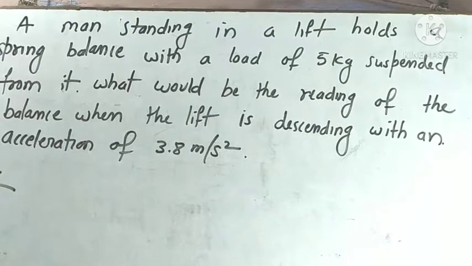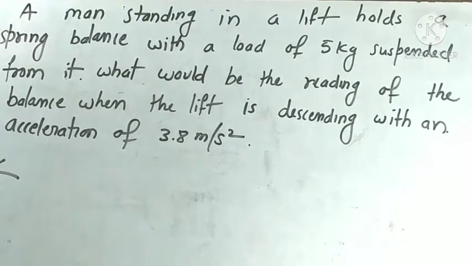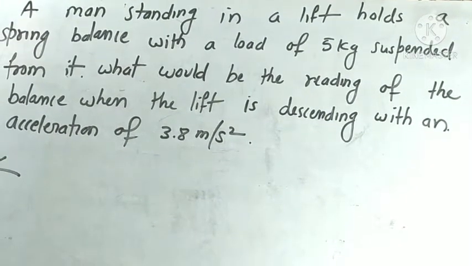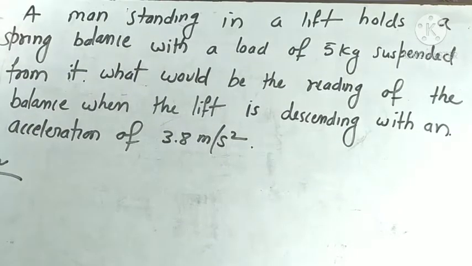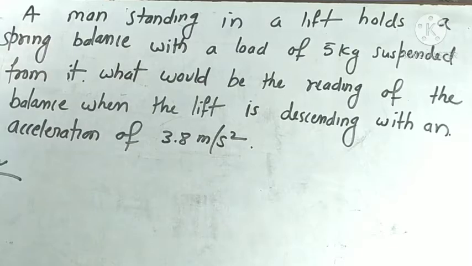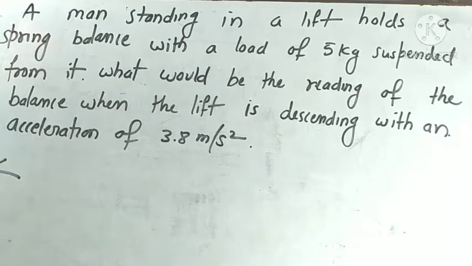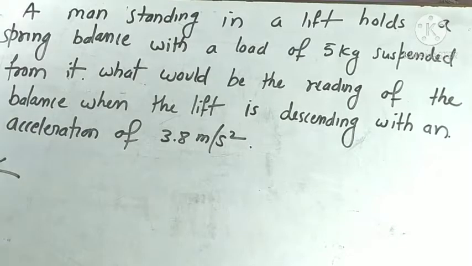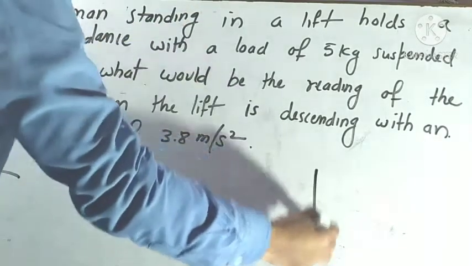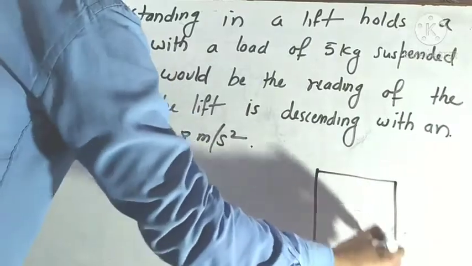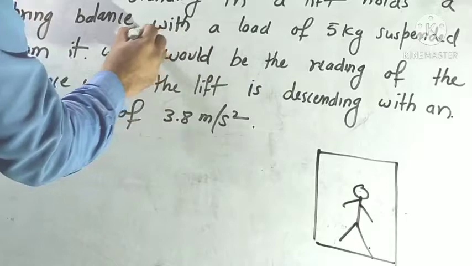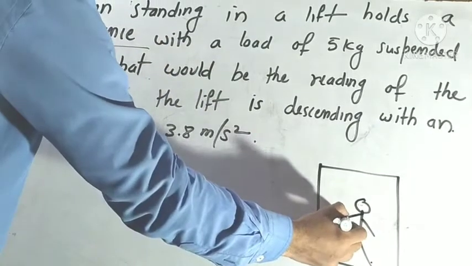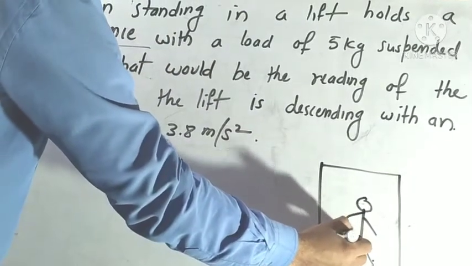So here in this numerical problem, a man standing in a lift holds a spring balance with a load of 5 kg suspended from it. What would be the reading of the balance when the lift is descending with an acceleration of 3.8 meter per second square?